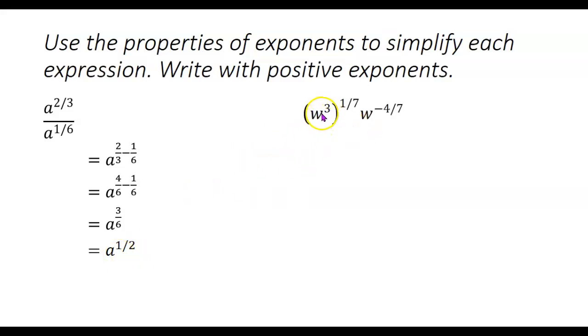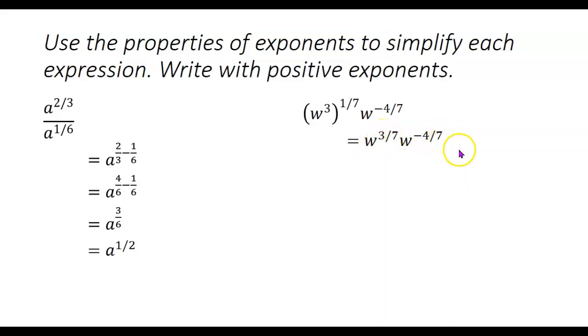How about this? w to the 3 to the 1/7 times w to the negative 4/7. First, w to the 3 to the 1/7 would be w to the 3 times 1/7, which would be 3/7. So now we have w to the 3/7 times w to the negative 4/7.